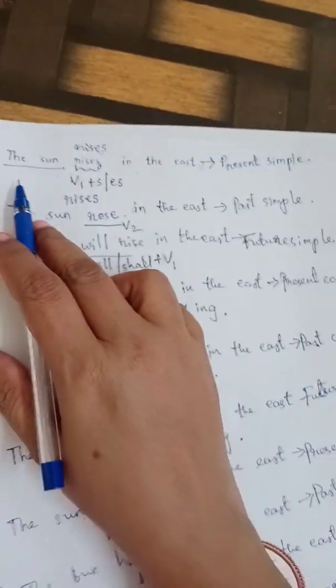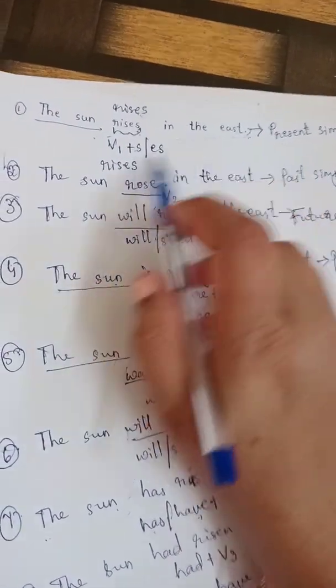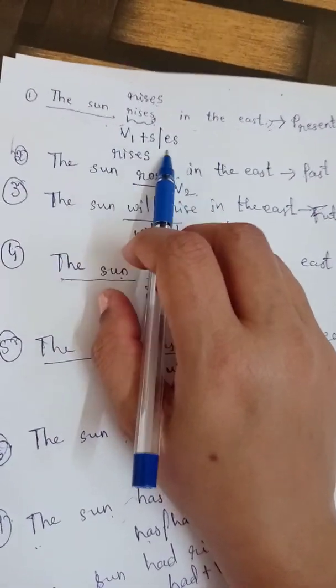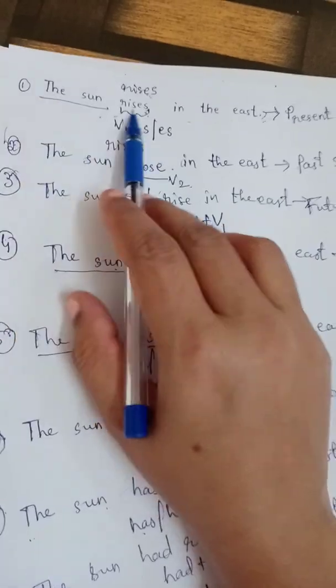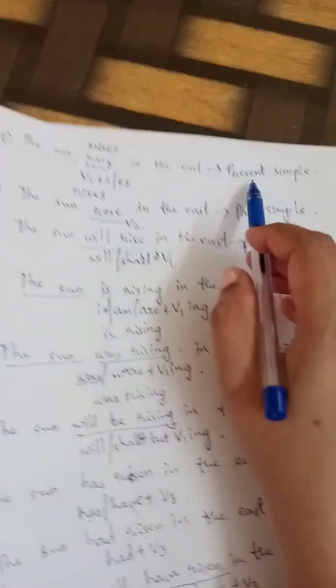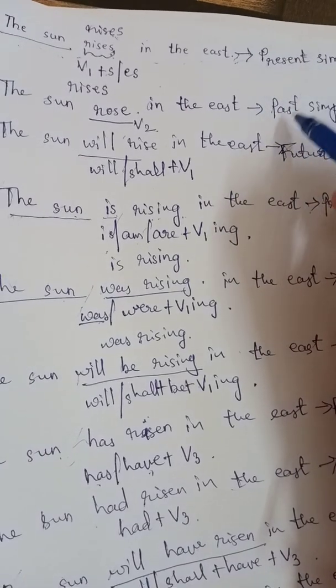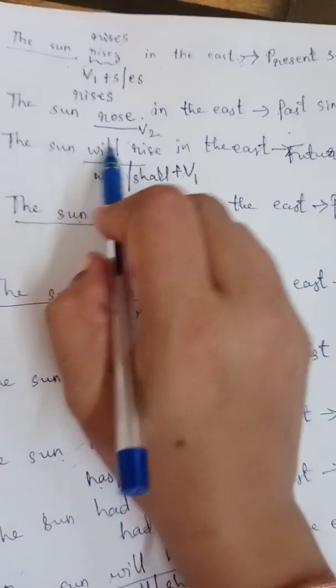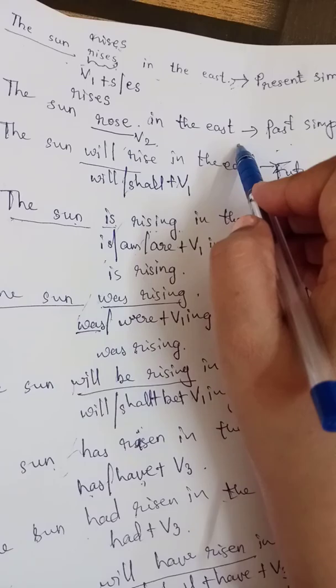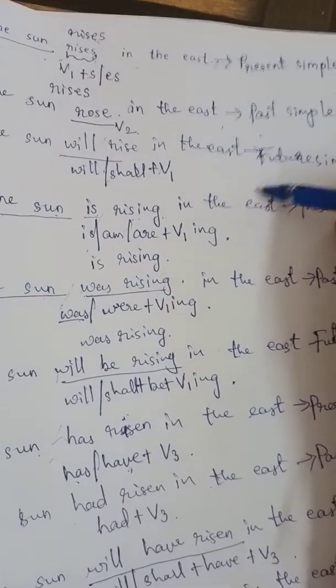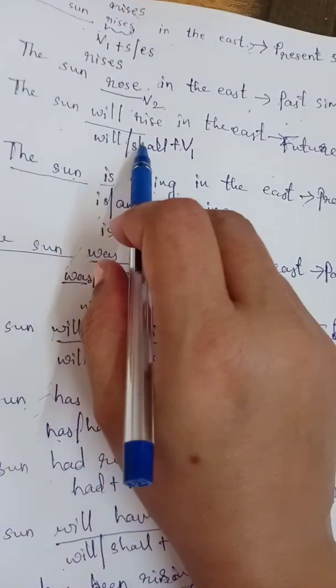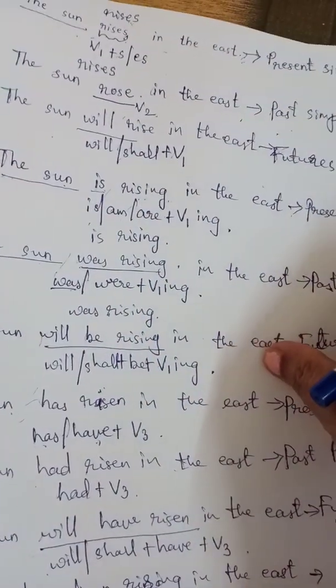So see here, children. In the present simple form, the verb form will be V1 plus s or es. So the sun rises in the east. It is in the present simple form. When you change this sentence into past simple form, the sun rose in the east. Next, into future simple, the sun will rise in the east.